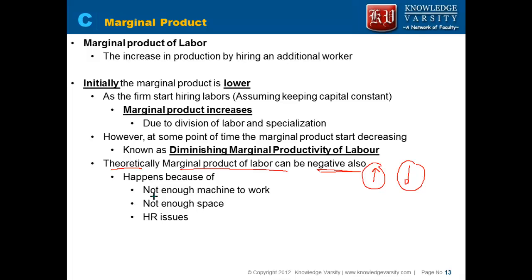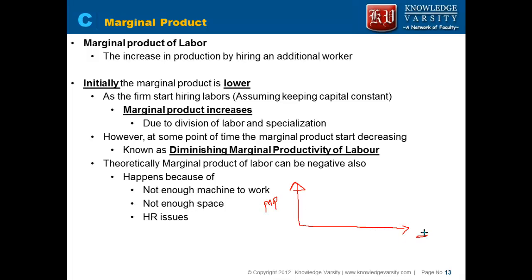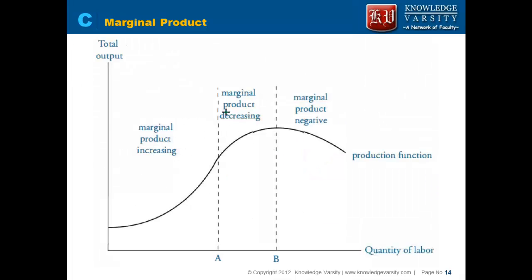This happens when there are not enough machines to work, not enough space, or because of some human resource issue. If I draw the marginal product on the y-axis and the number of workers on the x-axis, as you hire more and more workers the marginal product increases, but after some time it peaks out and starts decreasing. It can be negative also. We'll see this.